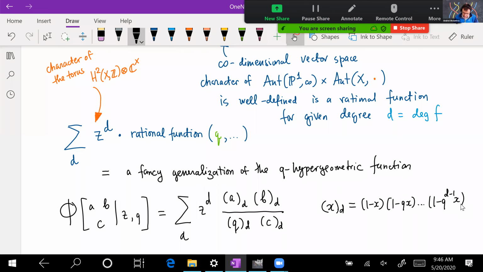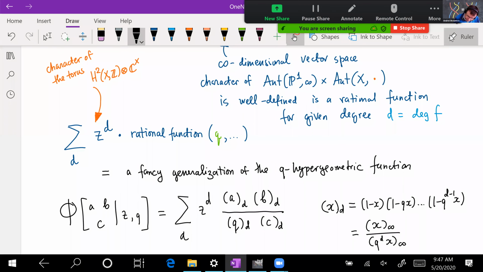Once you get comfortable with equivariant K-theory, it'll be obvious to you that this sort of expression is just a particular natural K-theoretic expression in this context. You can also write it as a ratio between (X;Q) to infinity, where you imagine an infinite product of this kind, divided by (Q to the D X;Q) to infinity.